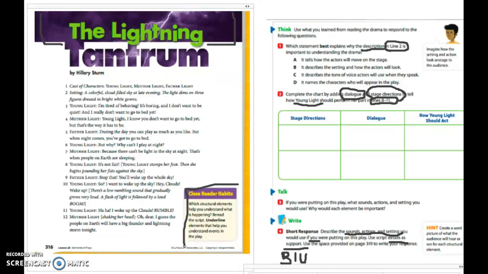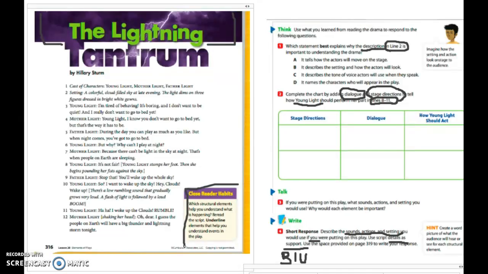Mother Light: Because there can't be light in the sky at night. That's when people on earth are sleeping. Young Light: It's not fair! Young Light stomps her foot, and then she begins pounding her fist against the sky. Father Light: Stop that! You'll wake up the whole sky! Young Light: So, I want to wake up the whole sky!